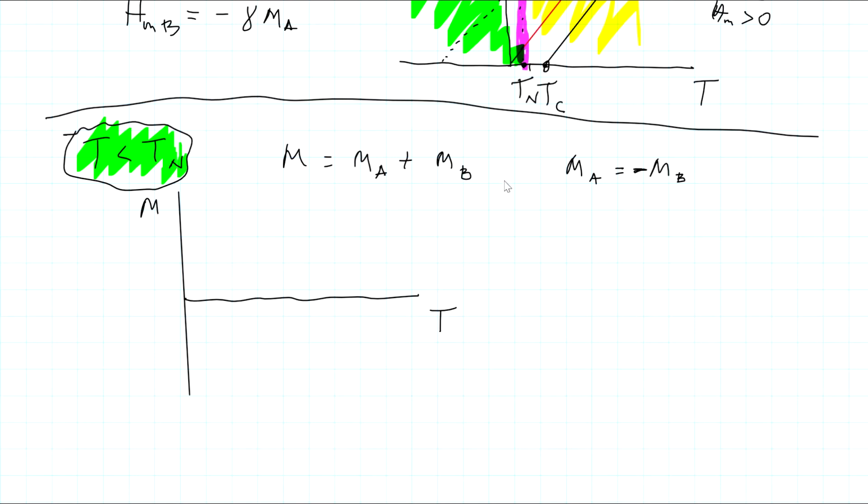They are equal and pointing in opposite directions, so the total magnetization would be 0.